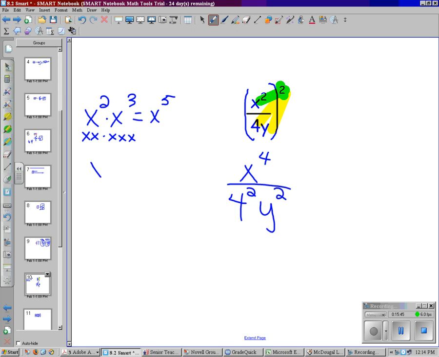Mm-hmm. If I have x to the second raised to the 3rd power, then I get to multiply the exponents. I get x to the 6th, because this is x to the second 3 times. That's what the 3 says, that I'm supposed to multiply x to the second 3 times, which is really 6 x's all being multiplied together, right?